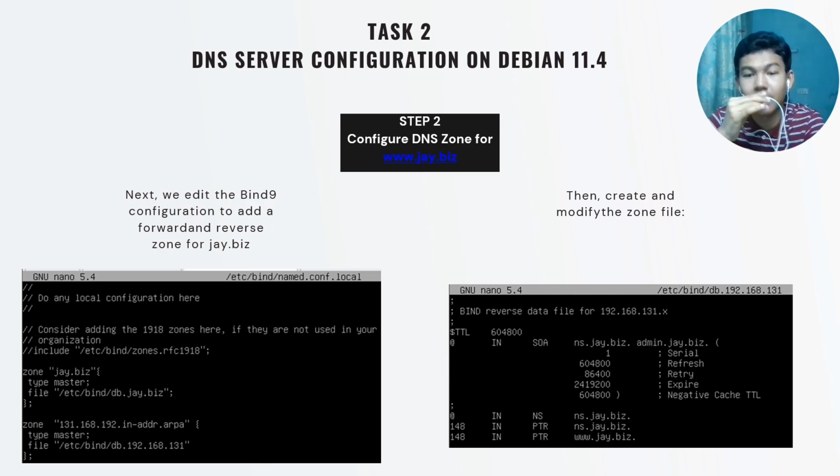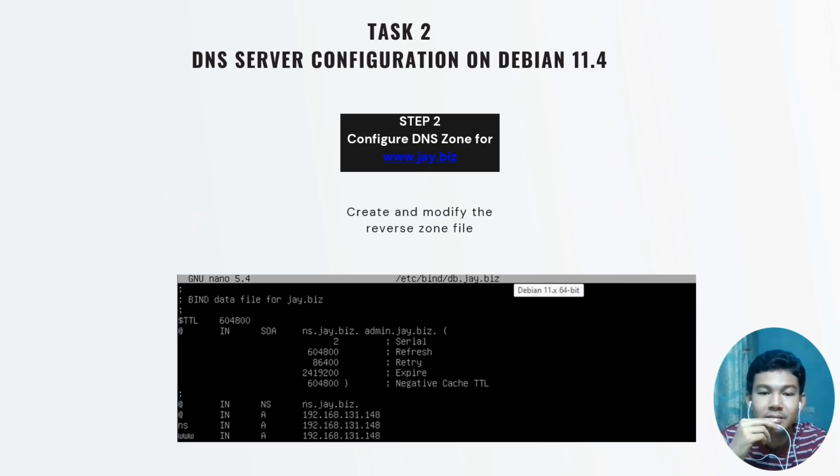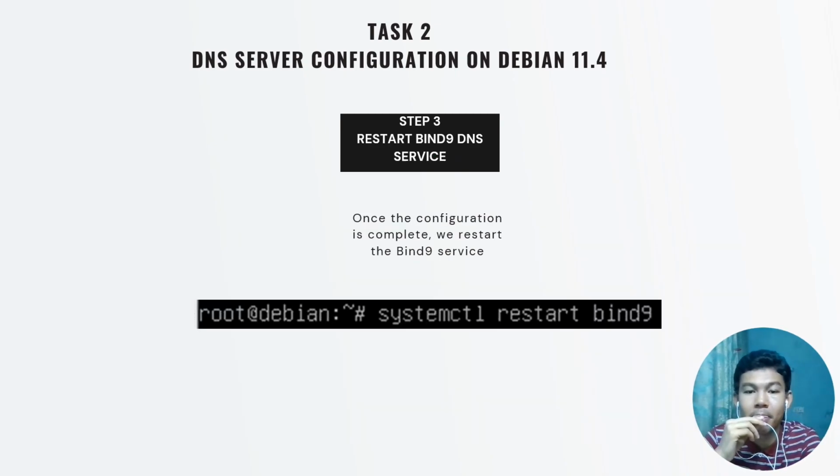For step 2, still the same, create and modify the reverse zone file. So the zone file is like this. Step 3, restart the BIND DNS service. Once the configuration is complete, we restart the BIND service, like this command, systemctl restart bind9.